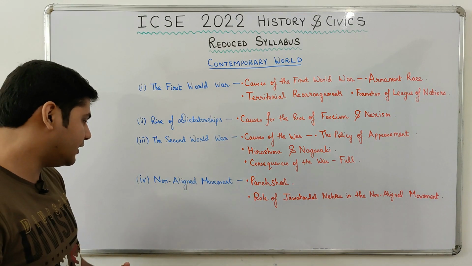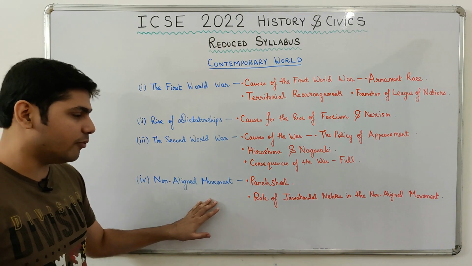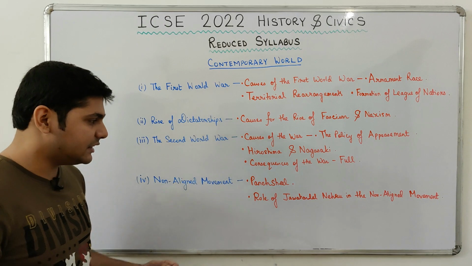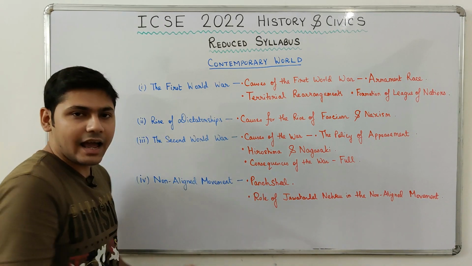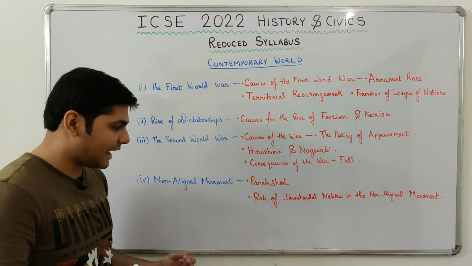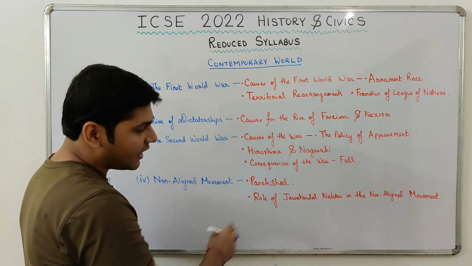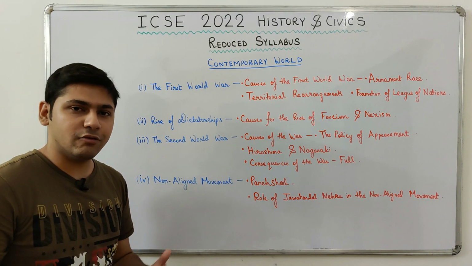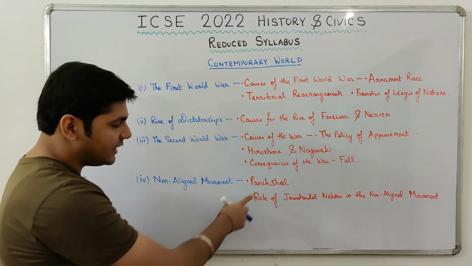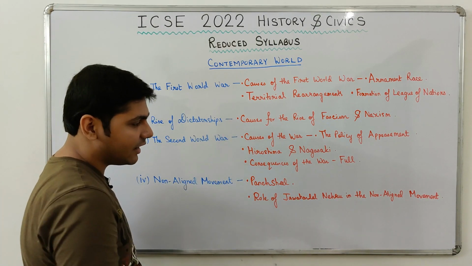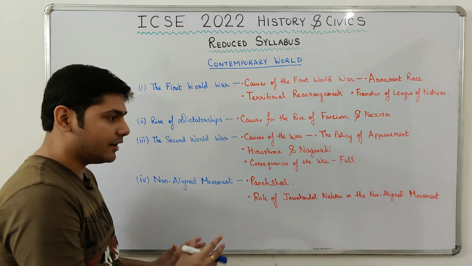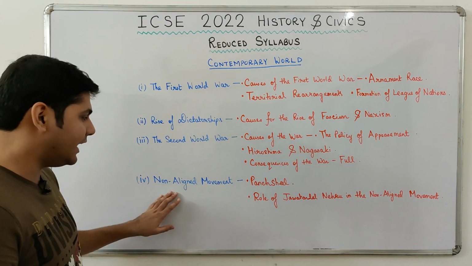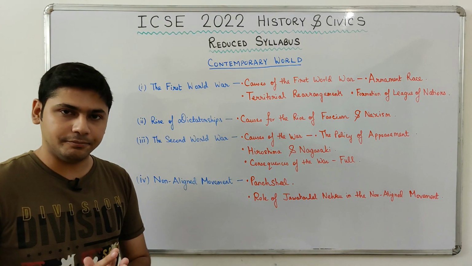Coming on to the next chapter, which is Non-Aligned Movement, NAM. From this chapter, Panchsheel has been removed entirely, and the role of Jawaharlal Nehru in the non-aligned movement has been removed. So you don't have to study the topic Panchsheel and the role of Jawaharlal Nehru in the non-aligned movement from the chapter Non-Aligned Movement, which is NAM.